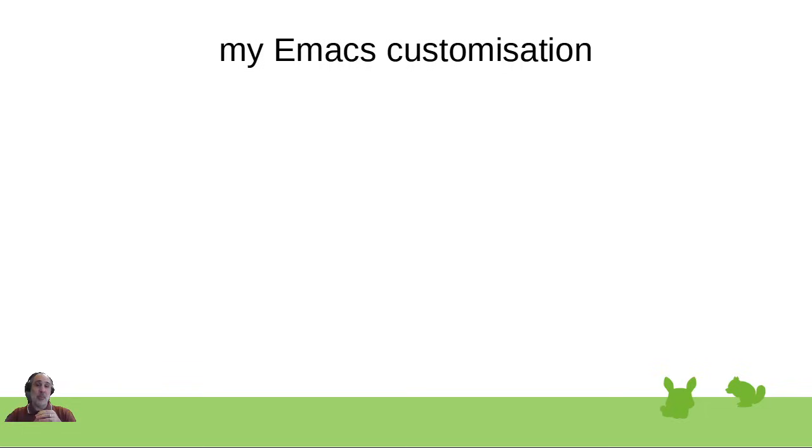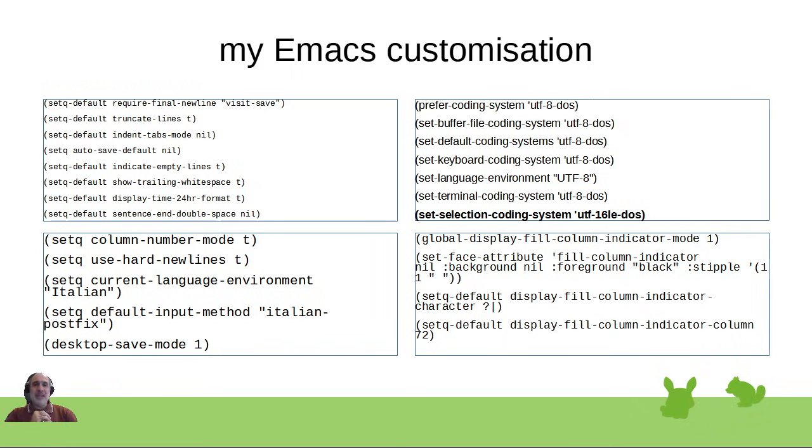I'm not an Emacs expert, but I want to highlight a point here that has to be clear to every one of us. The set of basic considerations I had for text width, tabs versus spaces, trailing spaces, and so on. As you can see here, I'm pretty opinionated, but this is the important part.